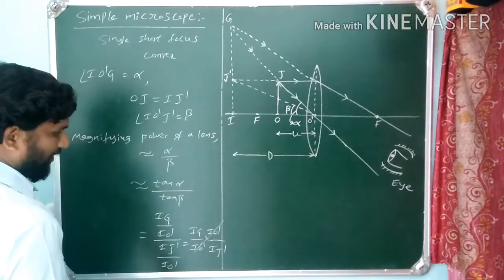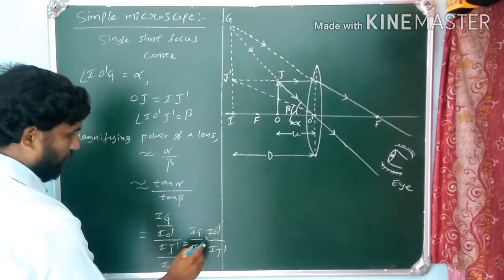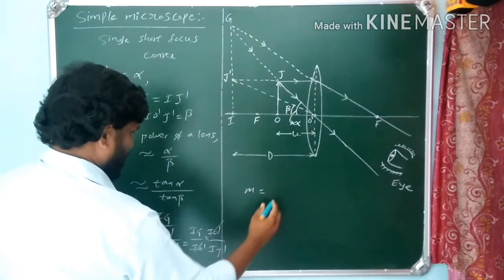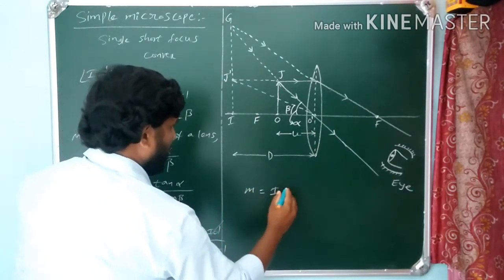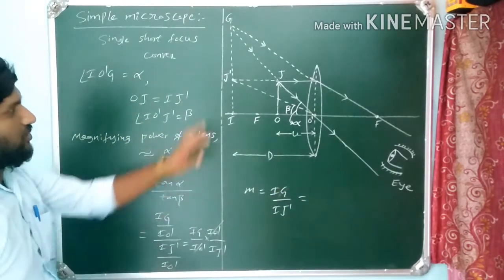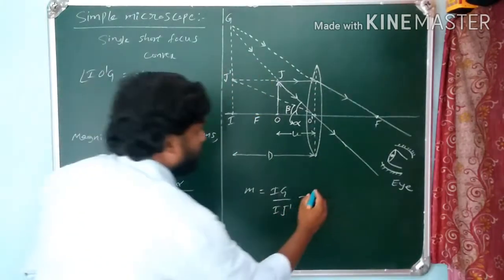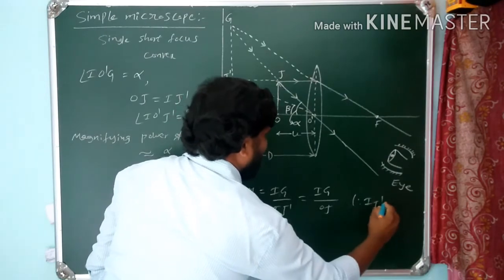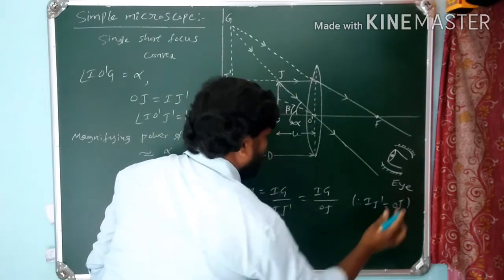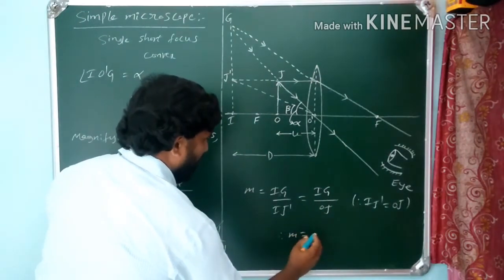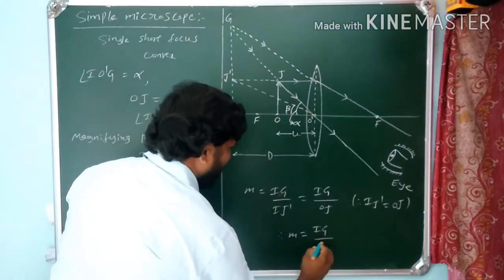IO dash gets cancelled, and we get m equal to IG by IJ dash. Here IJ dash is equal to OJ. Therefore, magnifying power m equal to IG by OJ.